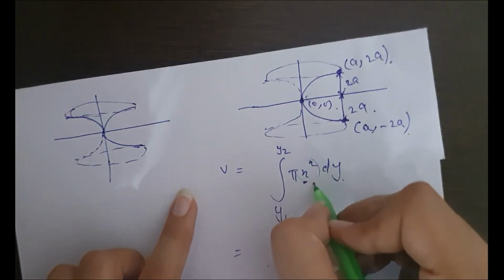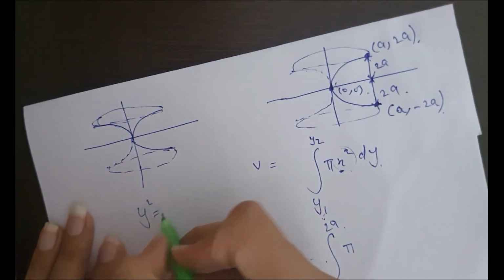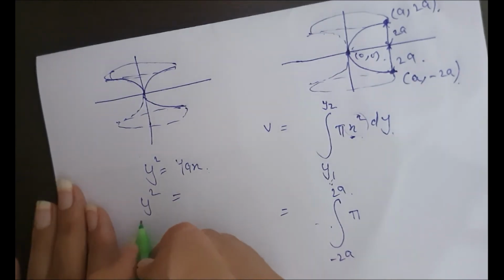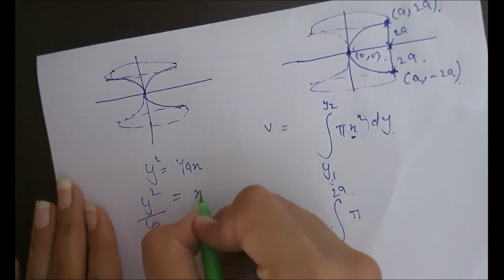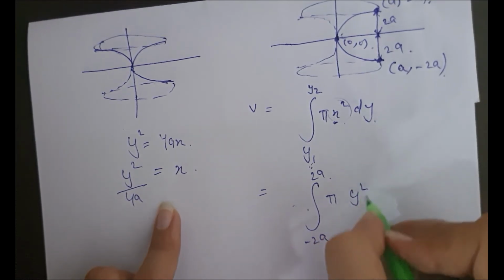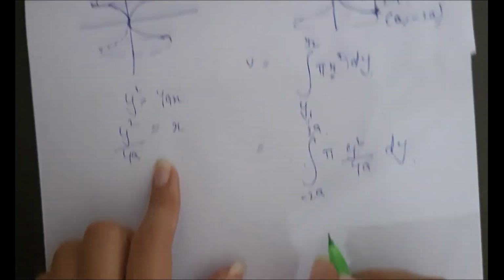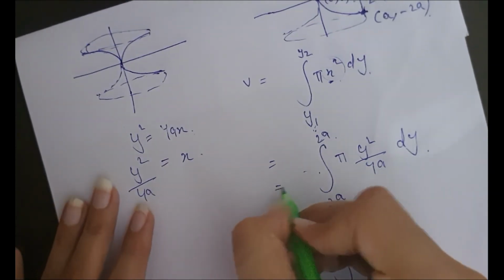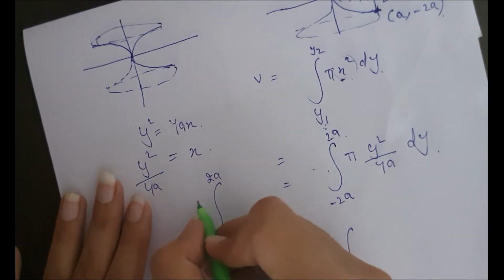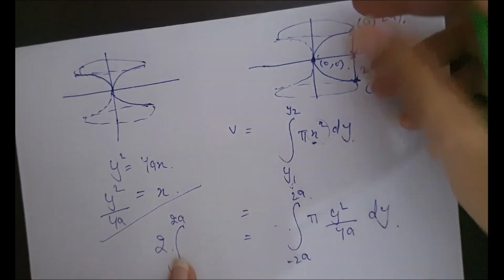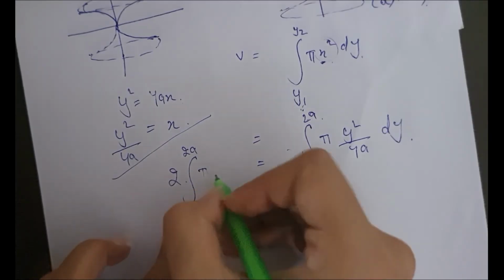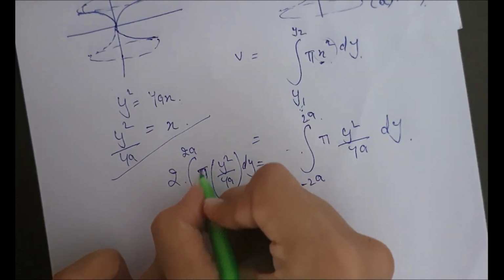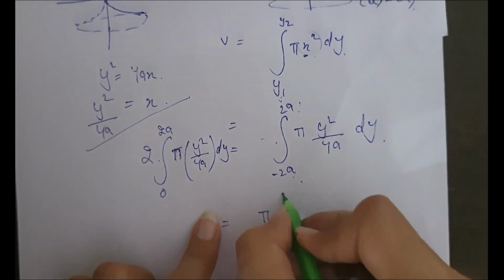Now replace this x square with y. In the question it's given that y square is equal to 4ax. This is the equation of the parabola. The value of x comes out to be this. Put it here. We can integrate it from minus 2a to 2a, or we can do it from 0 to 2a into 2, because we have to take this whole part. So I am doing it this way. Take out pi.